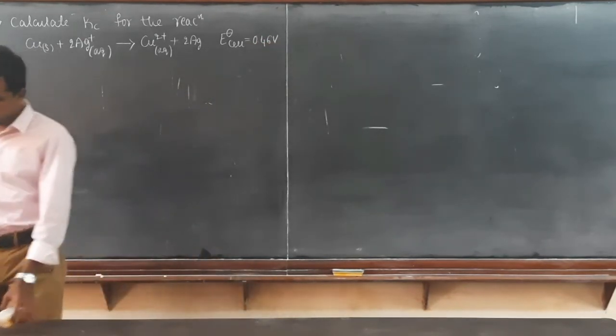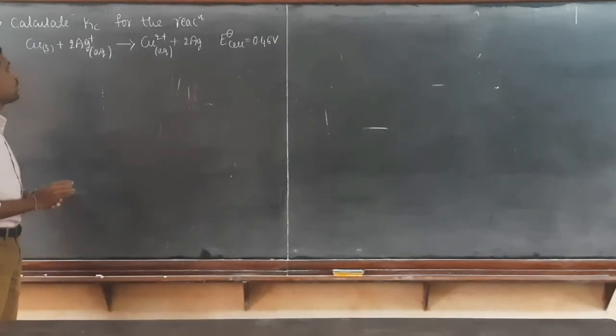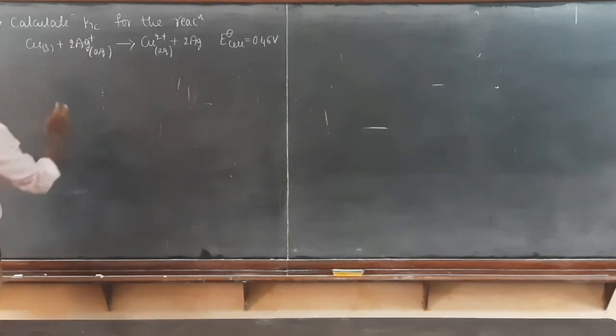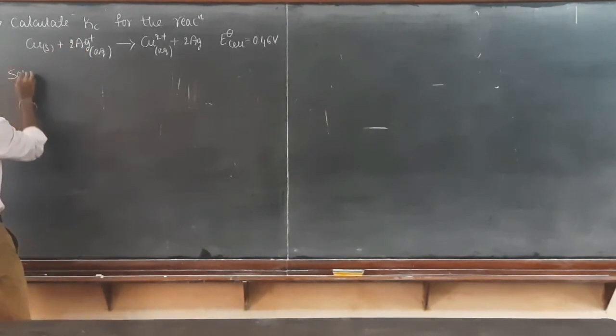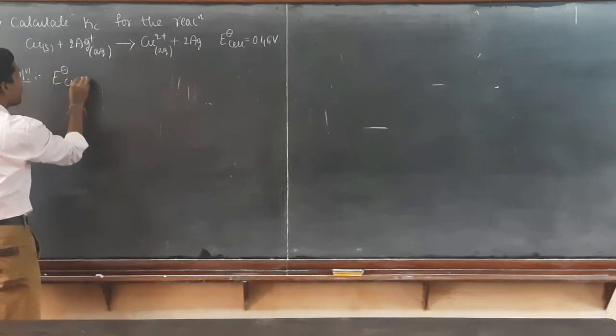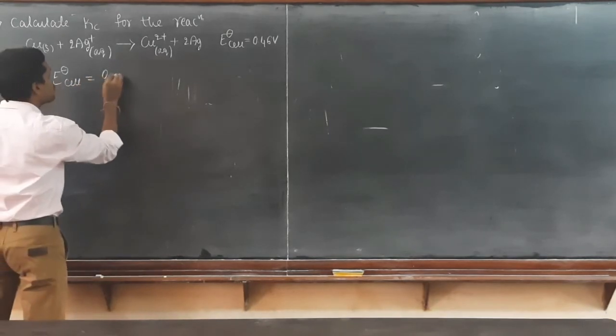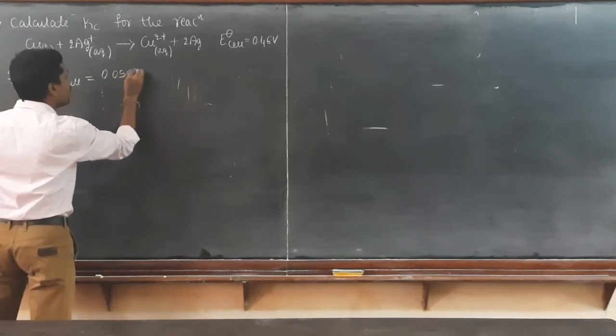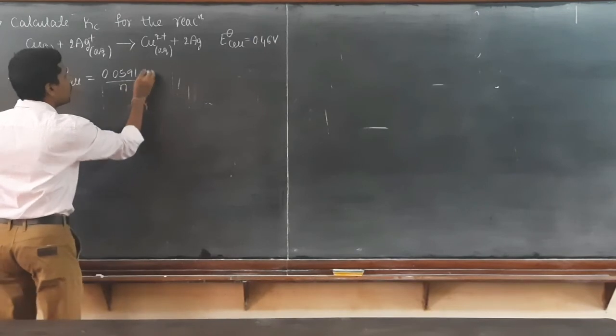Here you should calculate Kc for the reaction. Already you know the relation, that E naught of the cell is equal to 0.0591 divided by n, log of Kc.